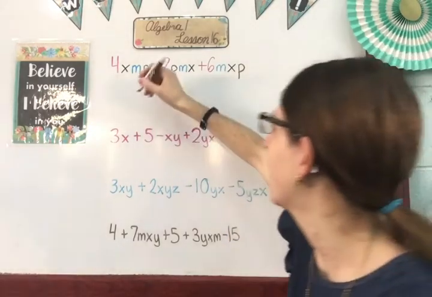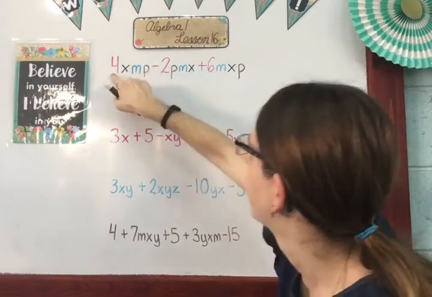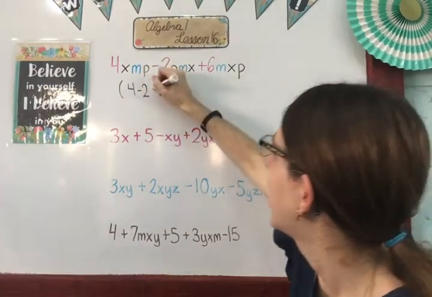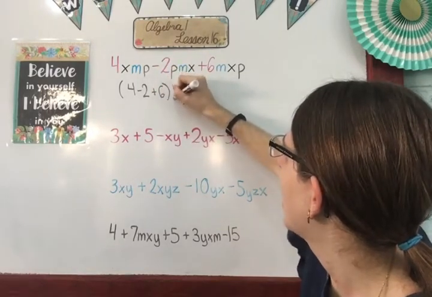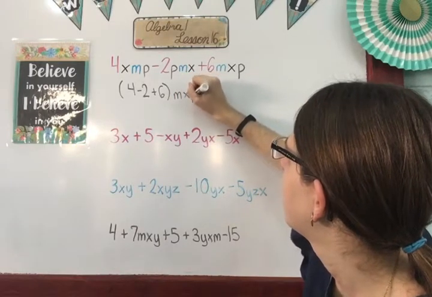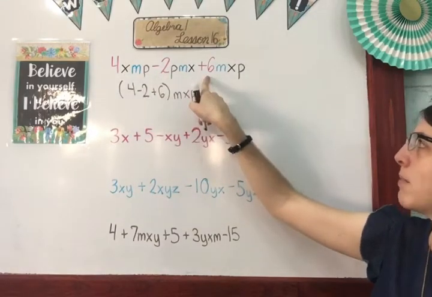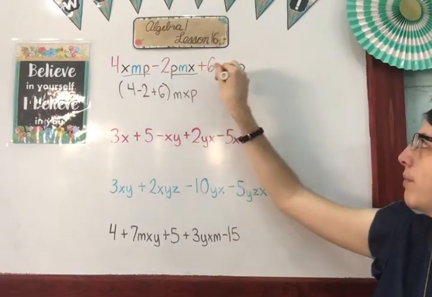I'm saying that I have 4 minus 2 plus 6 times mxp. So I'm saying that each of these terms are being multiplied by my variables.